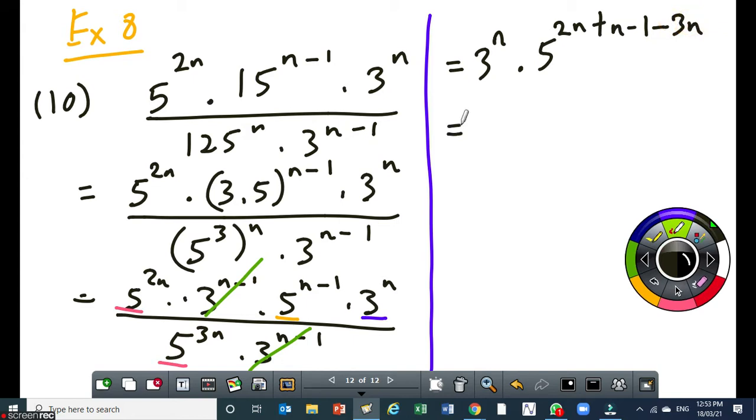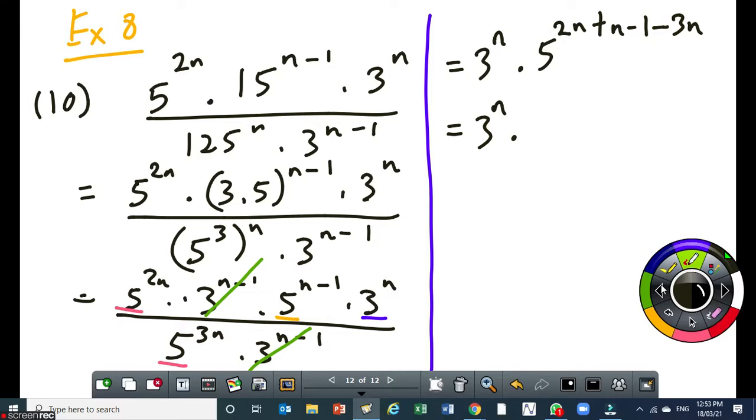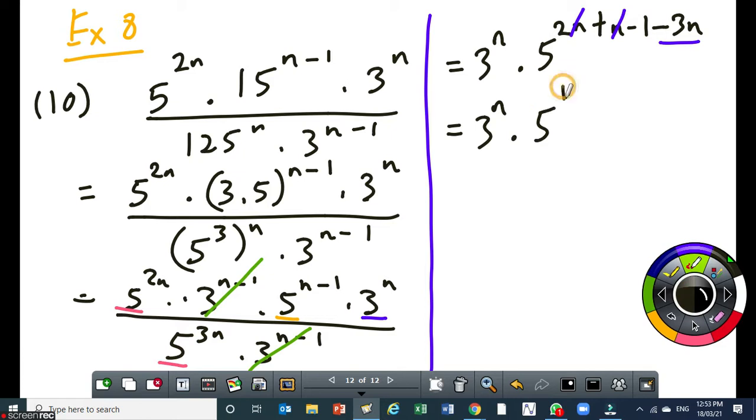Then this will be equal to 3 to the power of n times. Now, if you look at it here, this 2n plus that n will give me 3n. So if I subtract this minus 3n, I'll get a 0. So I'll be left with 5 to the power of minus 1. Okay?